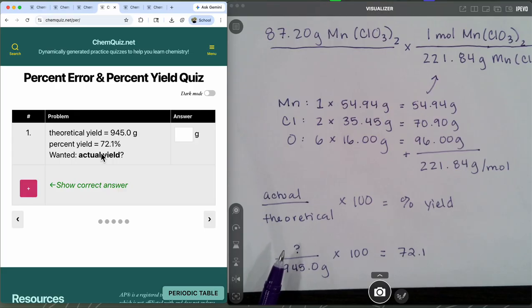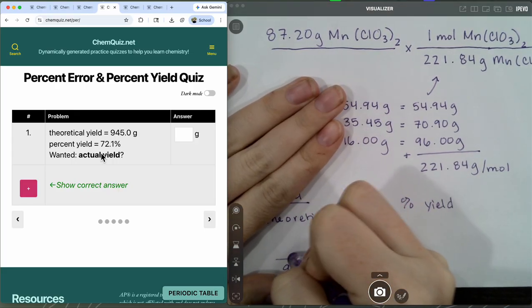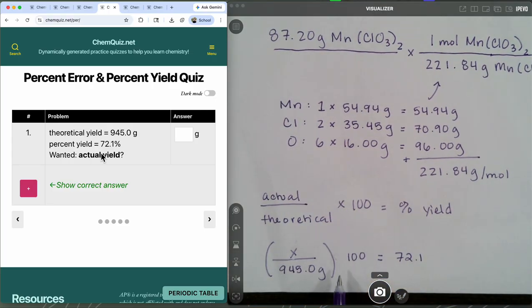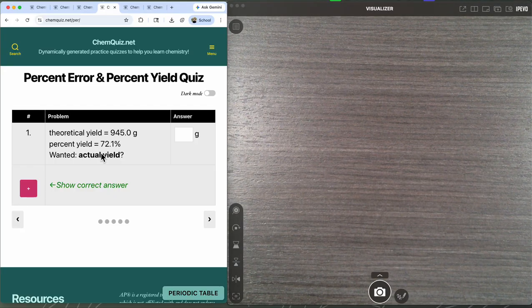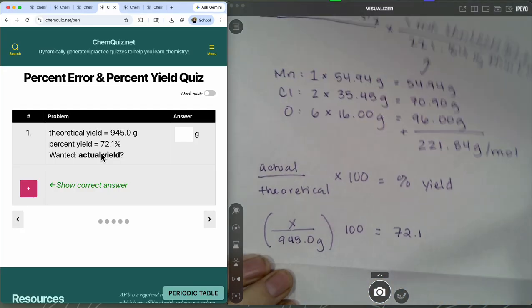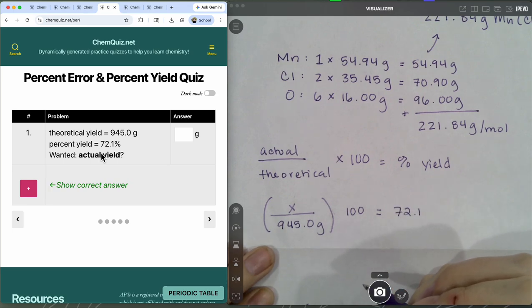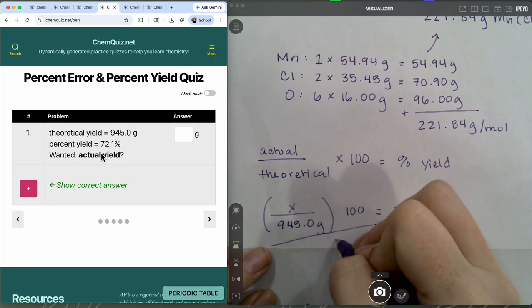Well, this is just algebra. So we're gonna get rid of the question mark and put an X there. We're gonna put parentheses around this, and now this looks like any other algebra problem. So what would you do? Well, it's already multiplied on this side, so we're gonna divide both sides by 100.